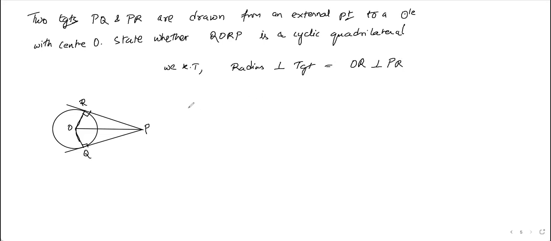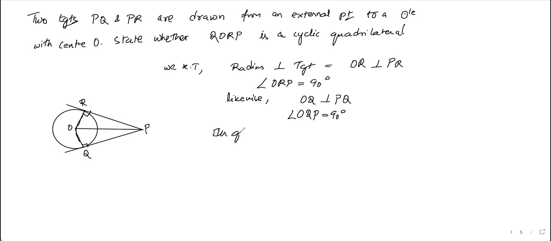Okay, so that is angle ORP is 90 degrees. So likewise, we have OQ, which is perpendicular to PQ. So angle OQP is equal to 90 degrees.